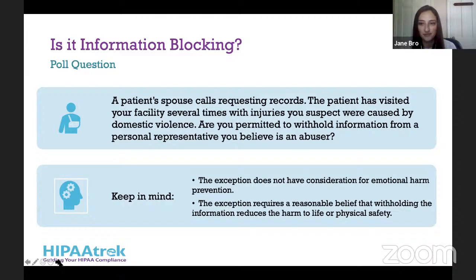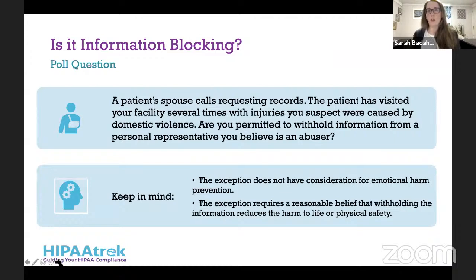Right. And this is one of those things too, where if in the HIM department you're able to see that the provider has notated that he or she believes that the spouse is a victim of abuse, this is likely not information blocking. So you would be able to withhold the information based off of this information, right?